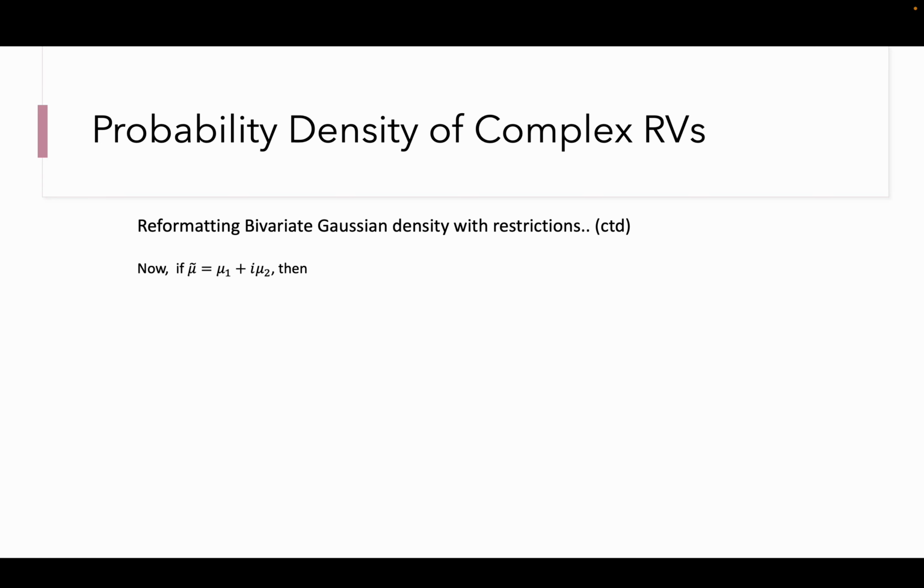Now if the mean of the complex variable x tilde is mu1 plus i mu2, then x1 minus mu1 square plus x2 minus mu2 square can be written as x tilde minus mu tilde times the conjugate of x tilde minus mu tilde.